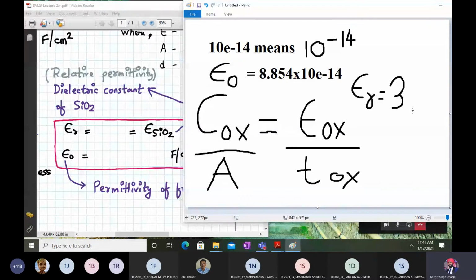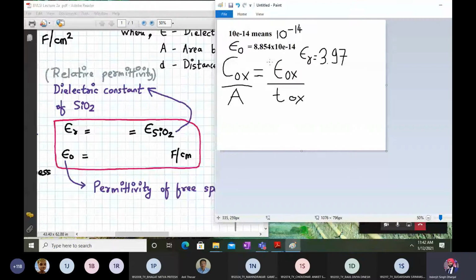So these are the constants which are very useful. They will be used in many numericals which we are solving. So kindly write these numbers, the constants. Epsilon R is given by 3.97. Okay, fine. So I hope that you all have written these numbers. So let us proceed further now.